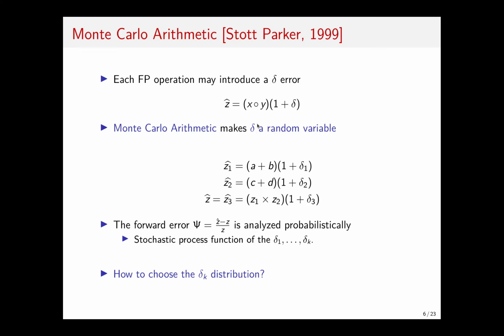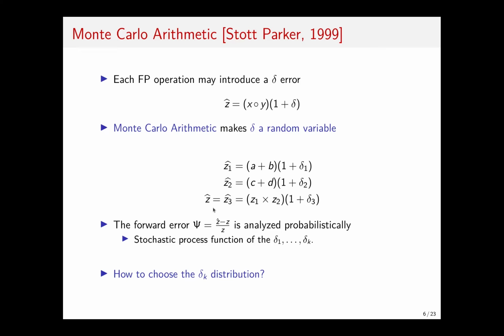And the idea is to make delta a random variable. So, for example, if we have here three operations that are chained, so two sums and one multiplication, we are going to have delta 1, delta 2, and delta 3 that are going to model the errors at each of the steps, and we are going to consider that the deltas here are random variables.